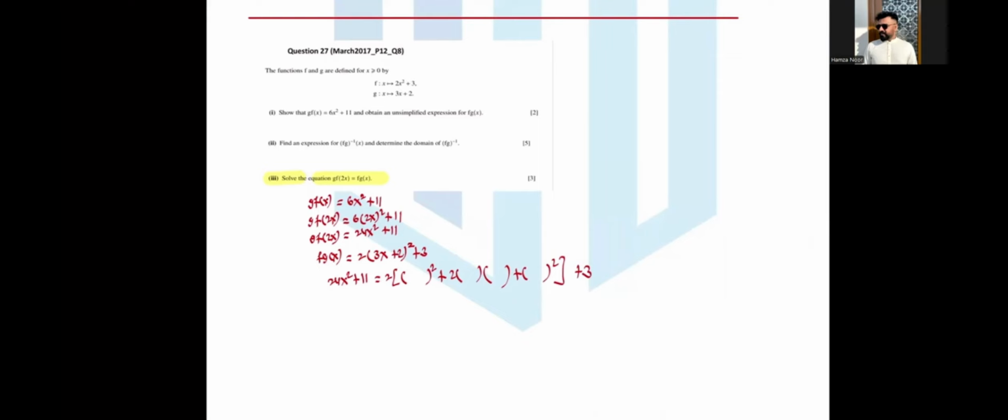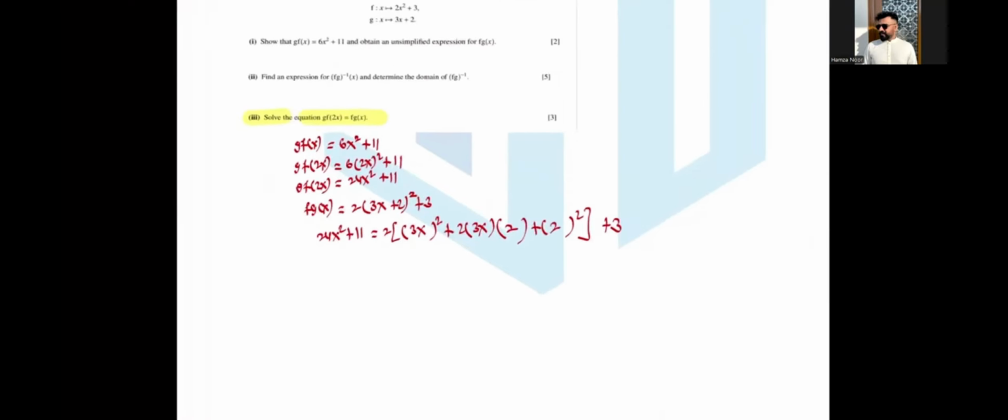In place of a, 3x, in place of b, 2. So first we have (3x) whole squared, then 2 times 3x times 2, so this is plus 12x, and then plus 4 and then plus 3.